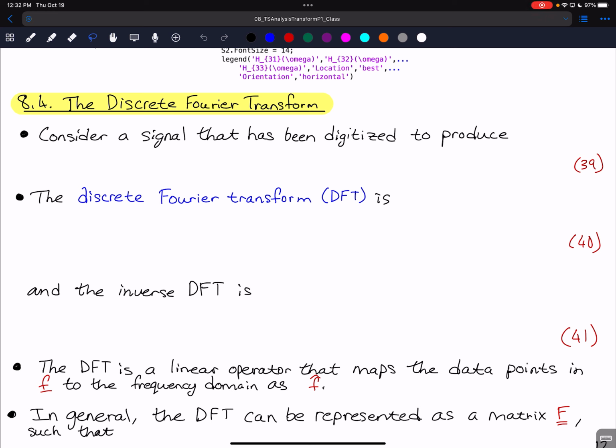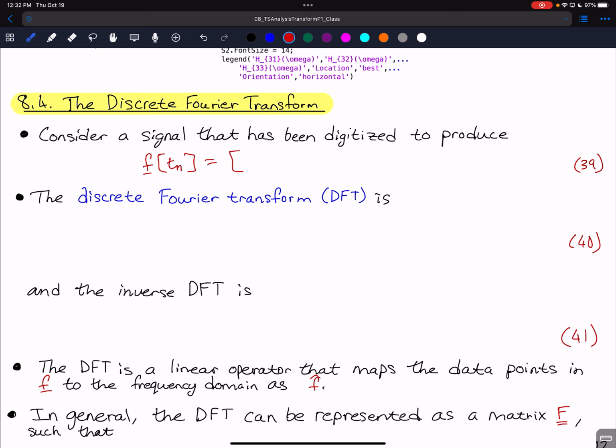We're going to start off just considering a signal that has been digitized, meaning that it has been sampled and discretized in both time and amplitude. We'll call that signal f, and it's going to be a vector dependent on time, where n is the index that we use to count.